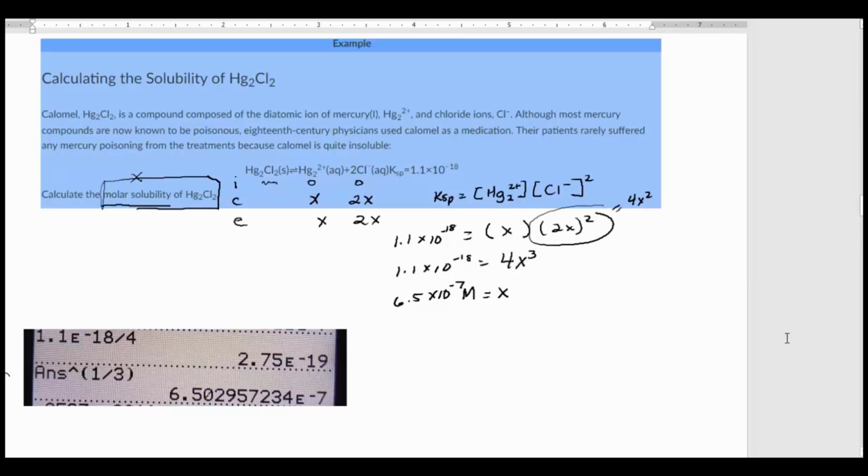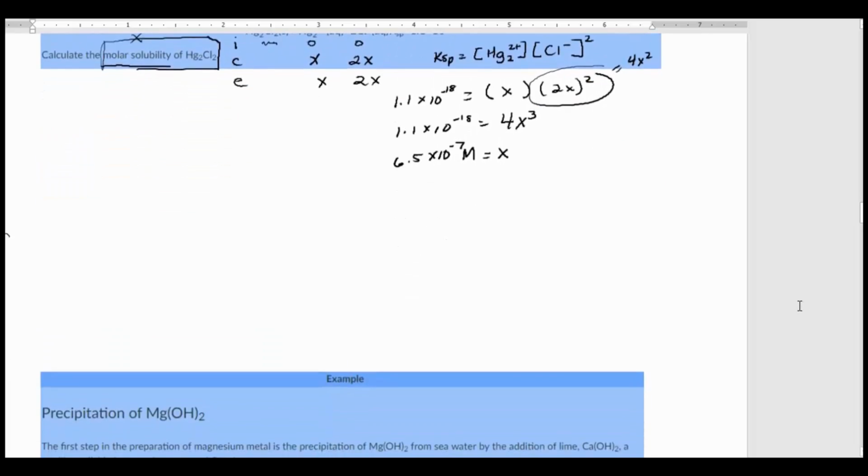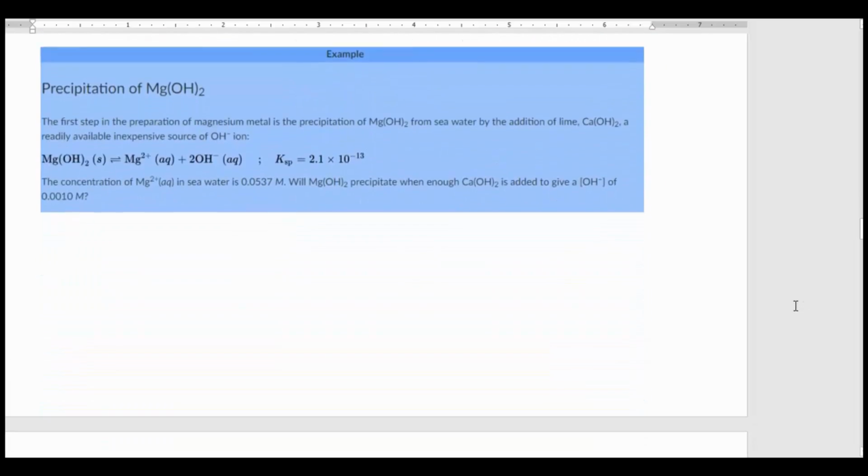Now we can also use KSP in order to predict if precipitation will occur. Like with our equilibrium concentrations and equilibrium problems we've had before, at any snapshot in time, we can calculate a Q, a reaction quotient. So Q is found similarly to KSP. We just use instantaneous molarities instead of our x values. So here we have magnesium hydroxide. Magnesium hydroxide in seawater has this value of magnesium.